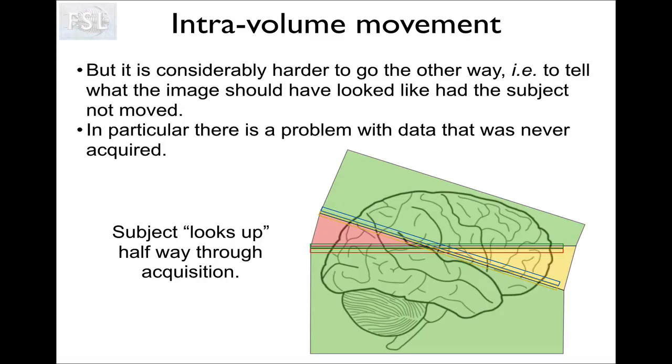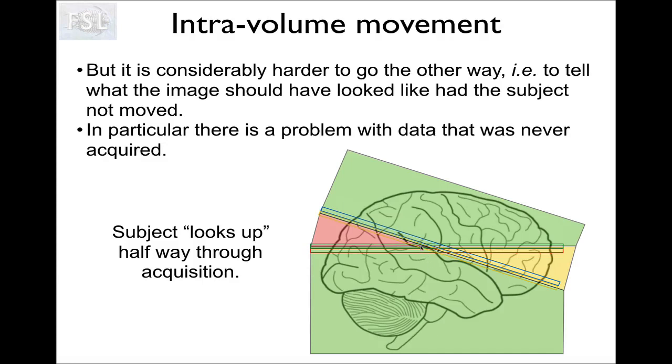The problem that's hard is that we end up with wedges of missing data. Again, this is exactly the same example as before, where we're acquiring first this lower part, and we get up to this point here, and the subject has been lying still all the way up to here.